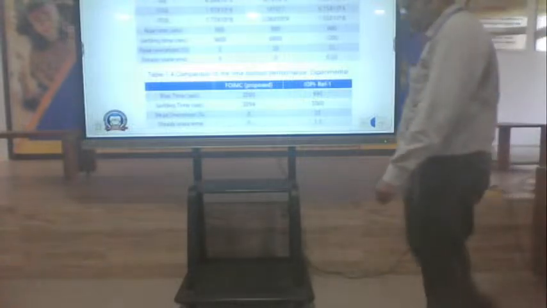So this is a comparison of the different controllers' parameters. For controller performance comparison, normally you will take different parameters, not only the rise time and settling time.